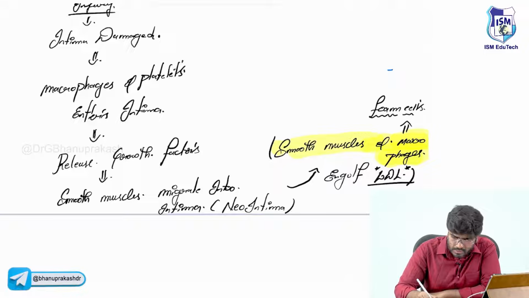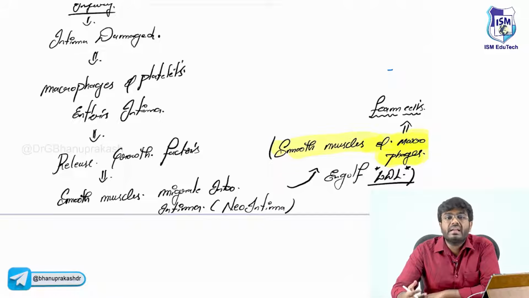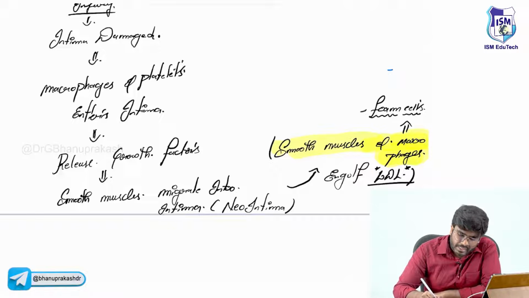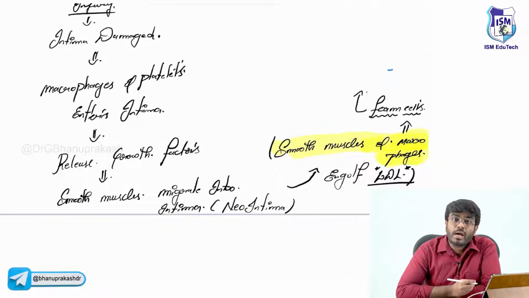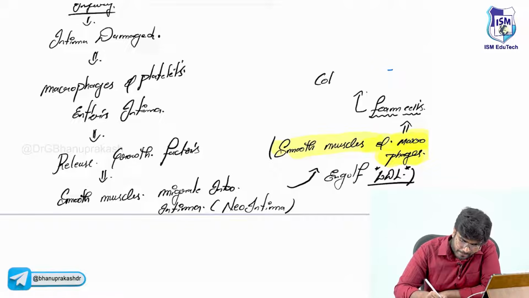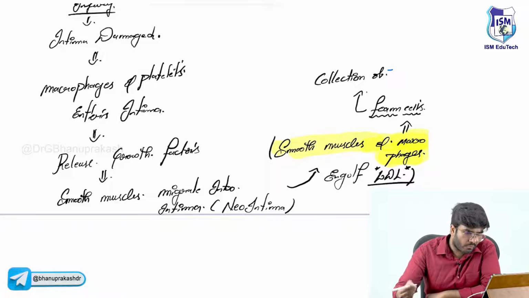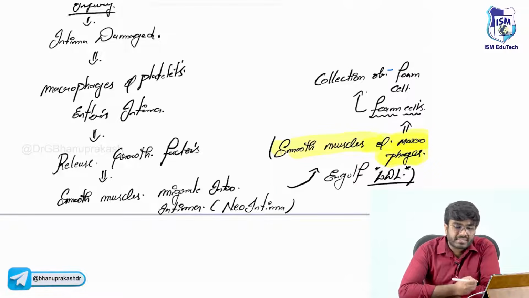So what are foam cells? Foam cells are the lipid laden macrophages. The macrophages with LDL present in them are called foam cells. Done. Now with time the foam cells will start to accumulate. Collection of foam cells forms the fatty streak.